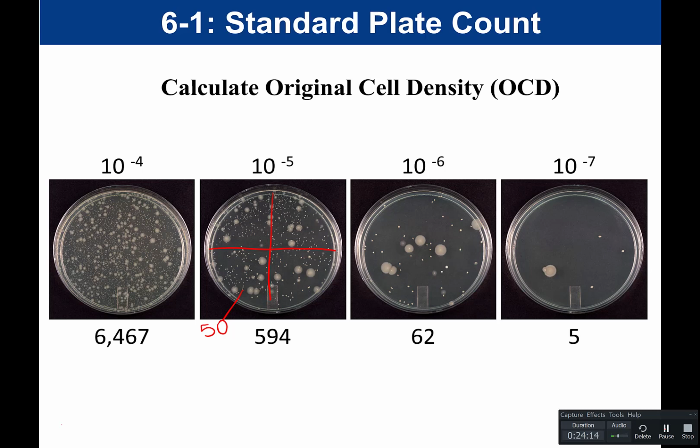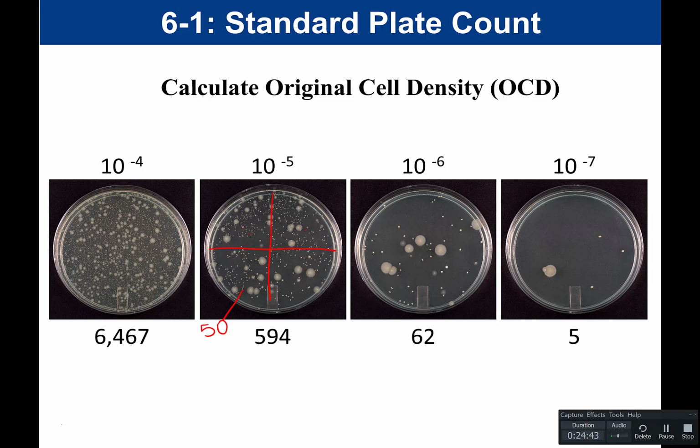So you would assume that there's 50 in this quadrant, 50 in this quadrant, 50 in this quadrant, 50 in this quadrant. So 50 times 4, you would record that the total number of bacteria on that plate is actually 200, right? 50, 100, 150, 200. So that's how many colonies you would record on the plate.